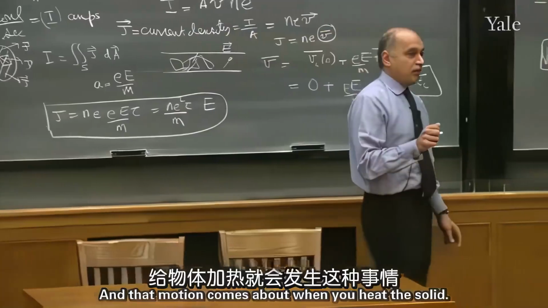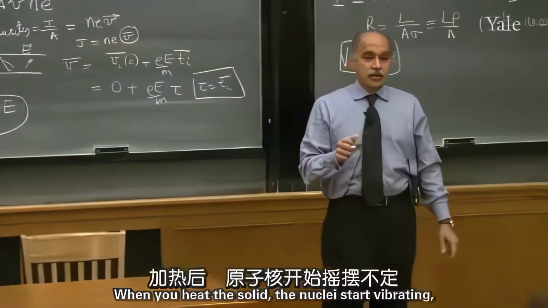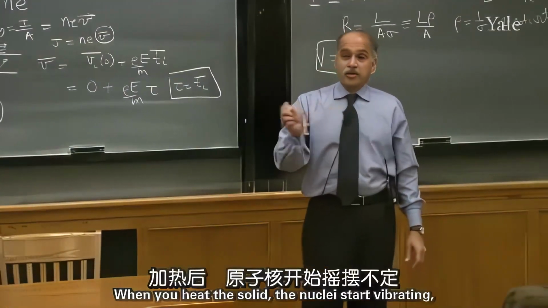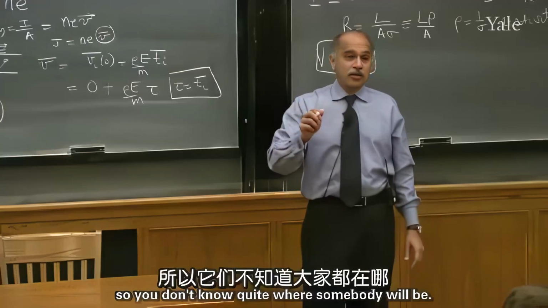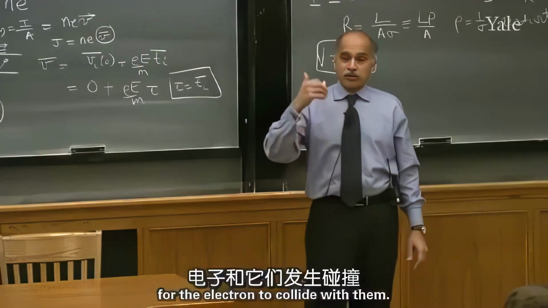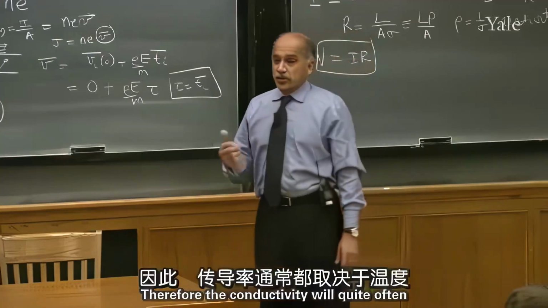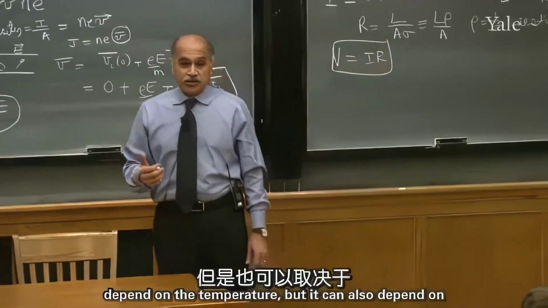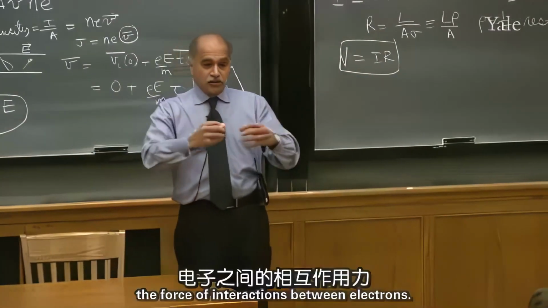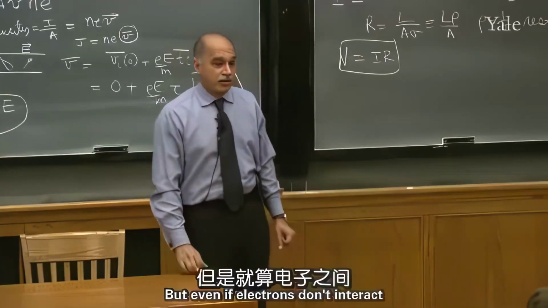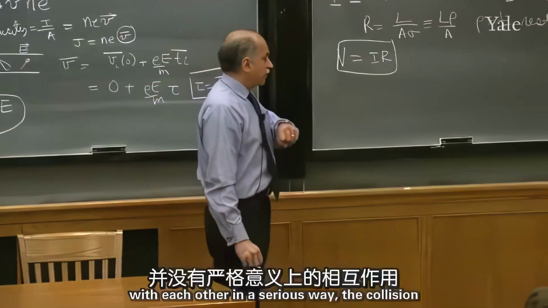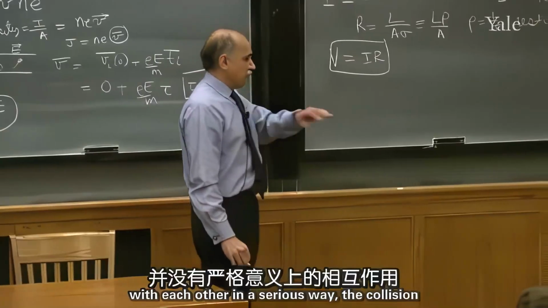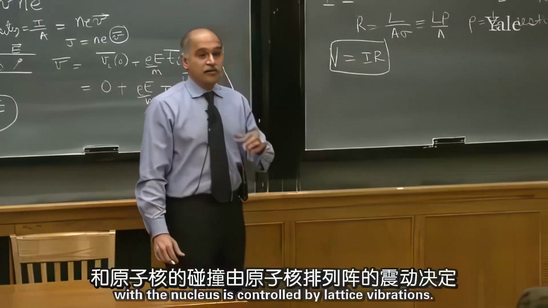And that motion comes about when you heat the solid. When you heat the solid, the nuclei start vibrating, so you don't know quite where somebody will be. That gives a small probability for the electron to collide with them. Therefore, the conductivity will quite often depend on the temperature, but it can also depend on the force of interaction between electrons. But even if electrons don't interact with each other in a serious way, the collision of the nucleus is controlled by lattice vibrations.